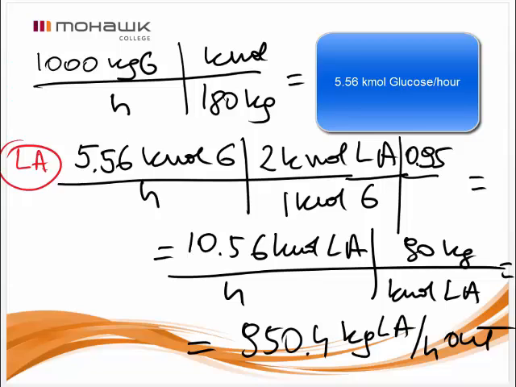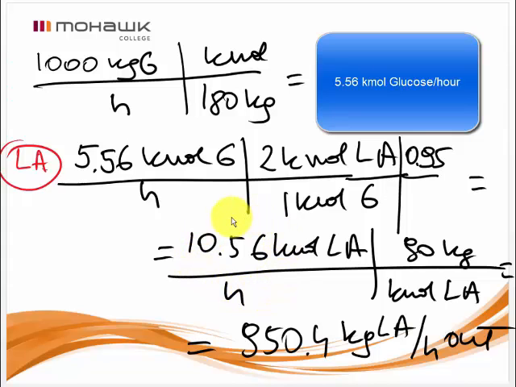Going through the chemical reaction, dealing with the lactic acid mass balance, we have 5.56 kilogram moles of glucose per hour entering the fermenter, and now the chemical reaction inside the fermenter would consume the glucose. Based on the balanced stoichiometric reaction, 2 kilogram moles of lactic acid are produced per 1 mole of the glucose consumed, and because we have 95% conversion, by multiplying the numbers by 95% we would end up with 10.56 kilogram moles of the lactic acid.